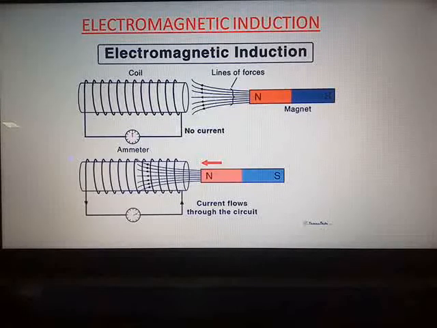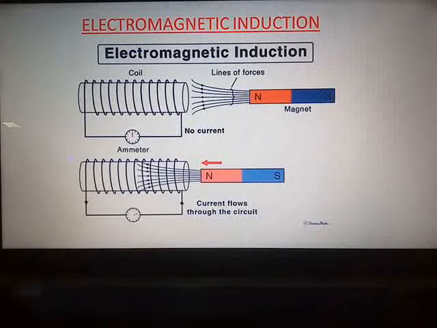Now we will understand in physics what this electromagnetic induction means and who first studied this concept. The main theme here is that when a current carrying conductor is placed in a magnetic field such that the direction of the current is perpendicular to the magnetic field, it experiences a force.